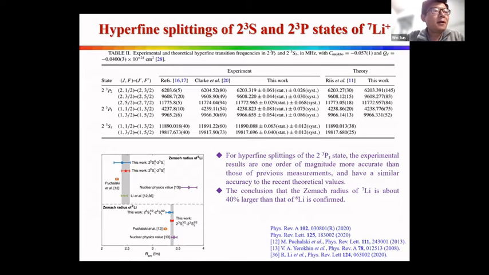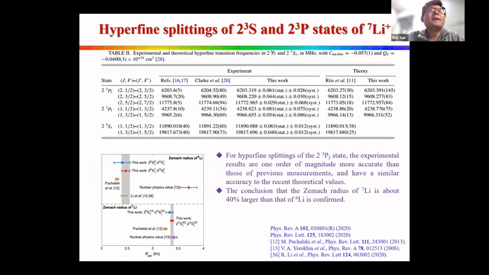Combining our experimental results of the 2s triplet hyperfine splittings with those of theoretical calculations, we obtained the nuclear charge radius of the lithium-7 nucleus. It is confirmed that the charge radius of lithium-7 is about 40% larger than that of lithium-6.